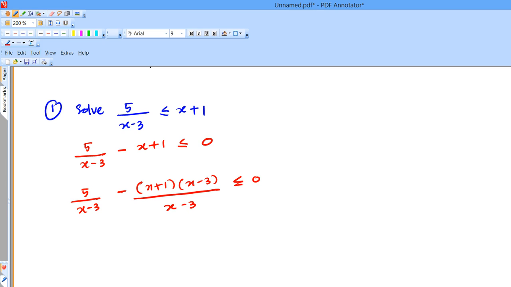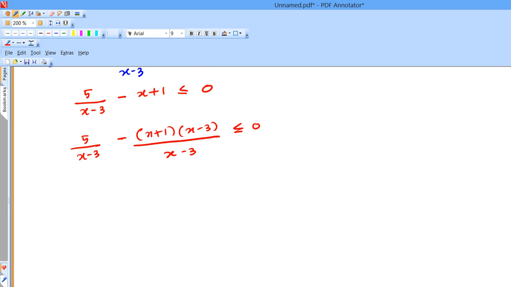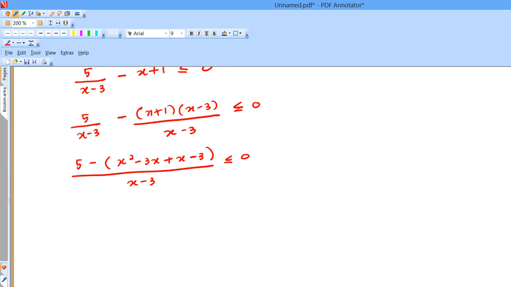And then you can expand the second term: 5 minus, in brackets, x squared minus 3x plus x minus 3, divided by x minus 3, less than or equal to 0. And then simplify.